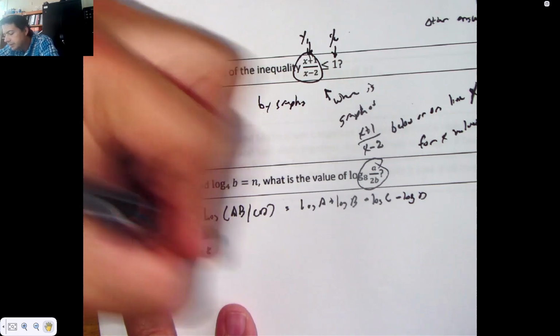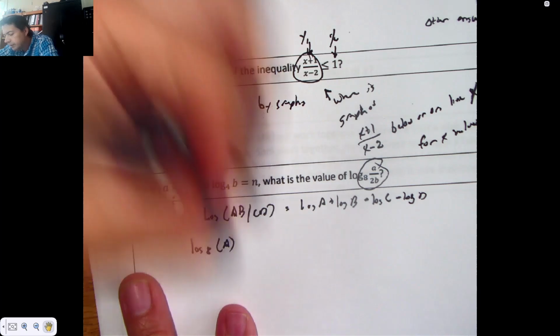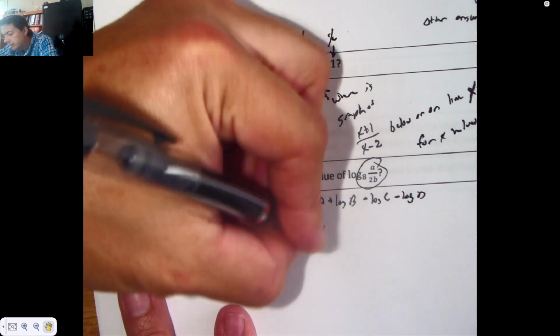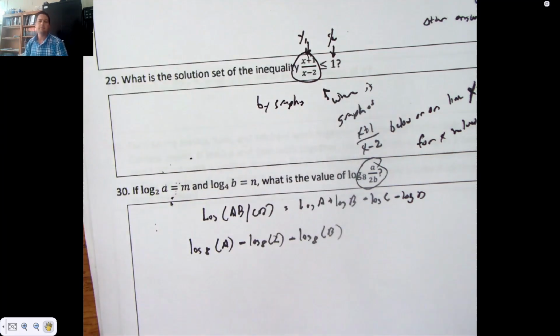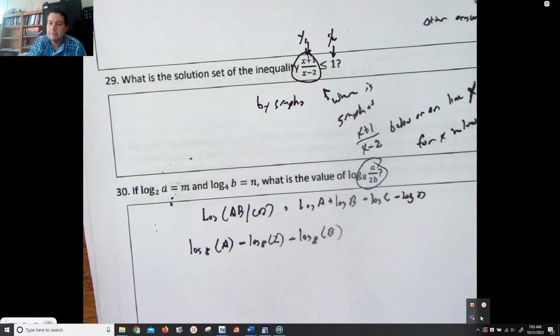This is log base 8 of a minus log base 8 of 2 minus log base 8 of b. Funny, huh? Try and figure that out. In fact, I'm going to pause for a second while you figure that out.